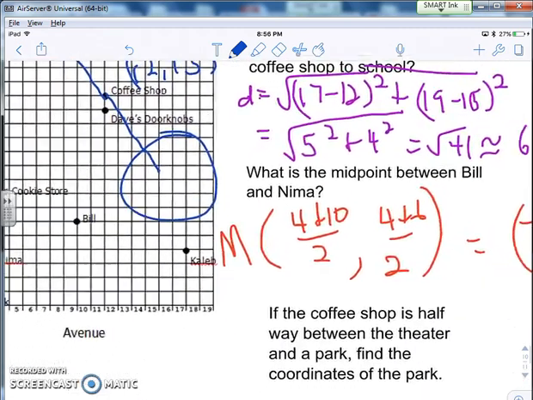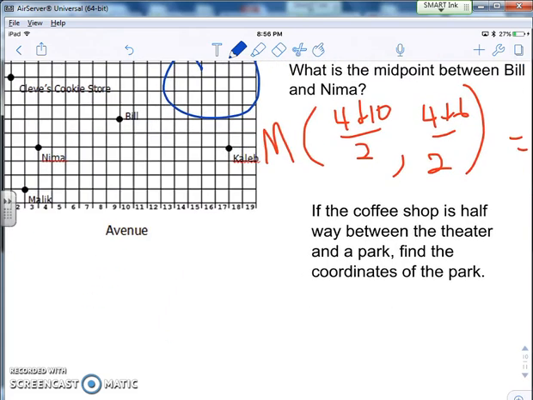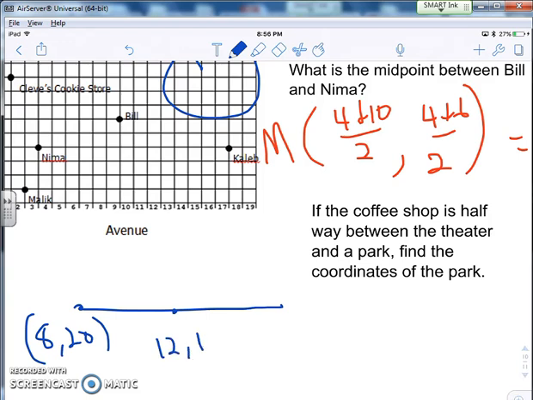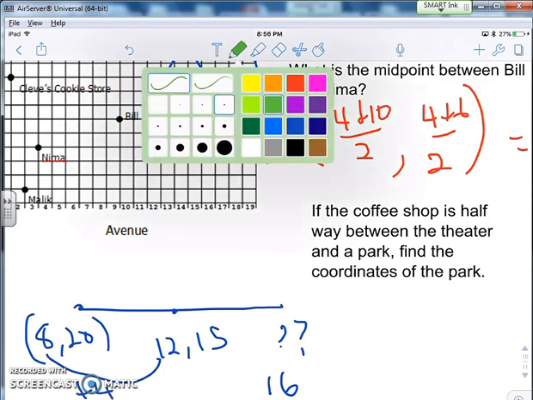So, if we come down here, a straight line, 8, 20 and 12, 15, and unknown, unknown. So we added 4 to get there. This is +4, +4 more is 16. Should be using colors, huh?